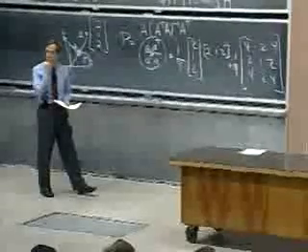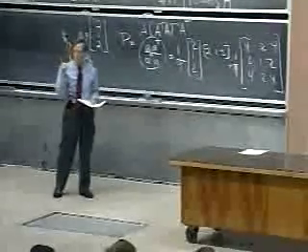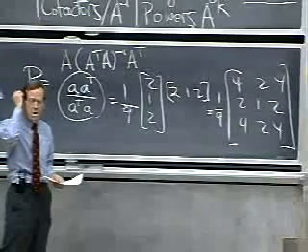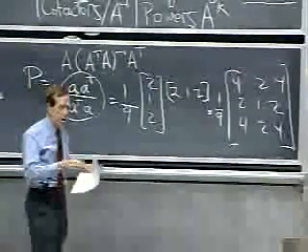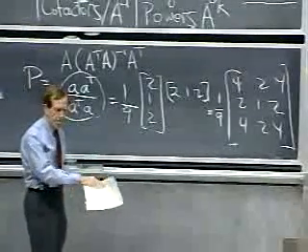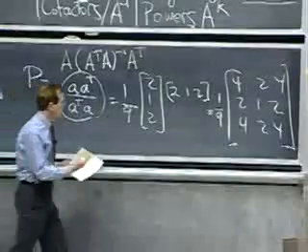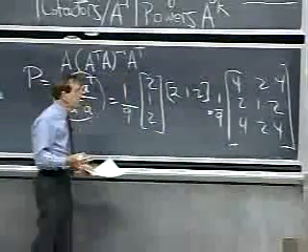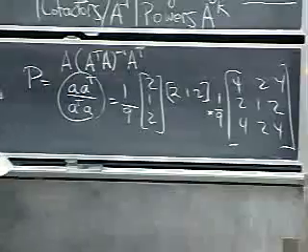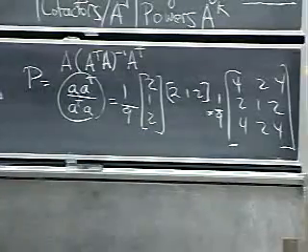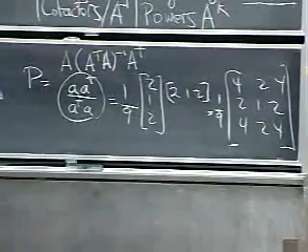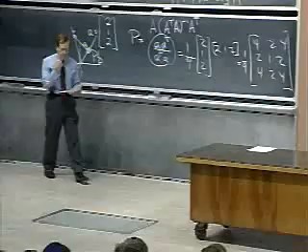Like 1. Rank is 1. What's the column space? If I apply P to all vectors, then I fill up the column space. It's combinations of the columns. So what's the column space? Well, it's just this line. The column space is the line through 2, 1, 2. And now what's the eigenvalue?